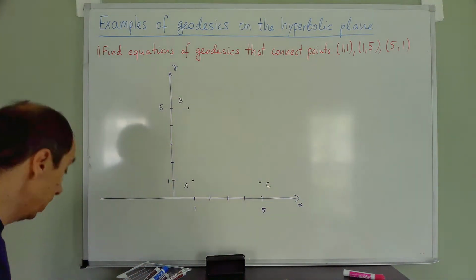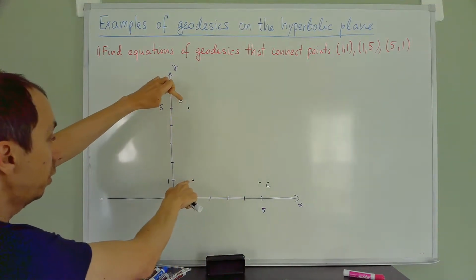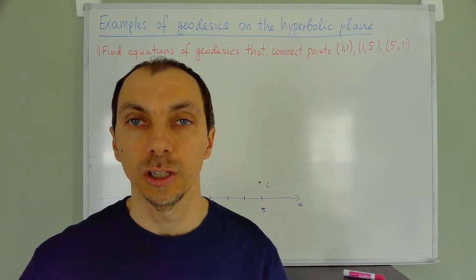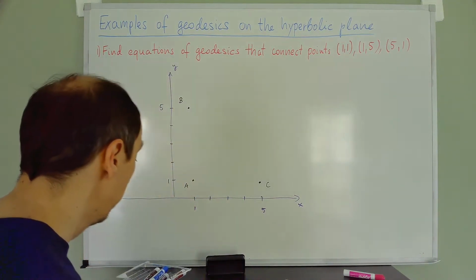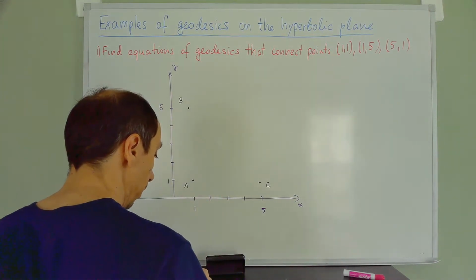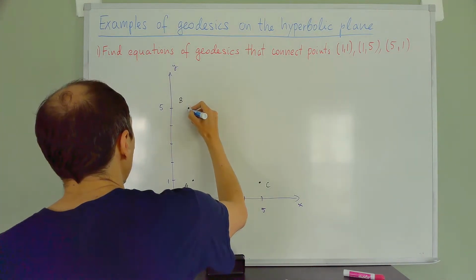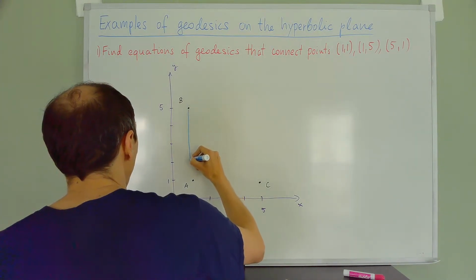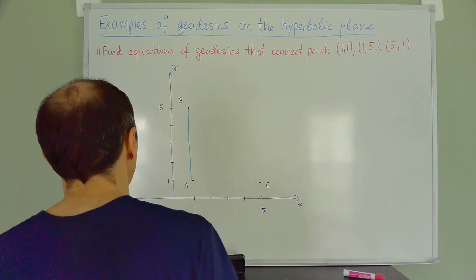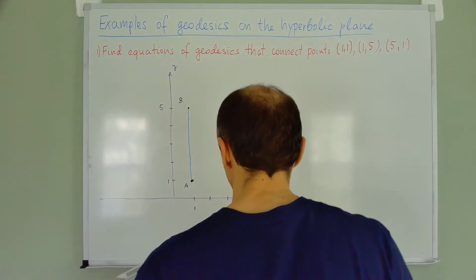Okay, so in this case we already know that, well, we see that these 2 points are vertically aligned, so the geodesic between those 2 points is just going to be a Euclidean straight line. So the geodesic between these two here is going to be just a straight line. So let's just write this down here.